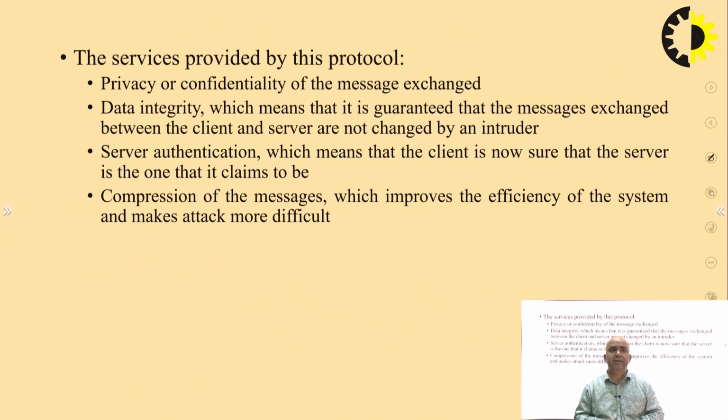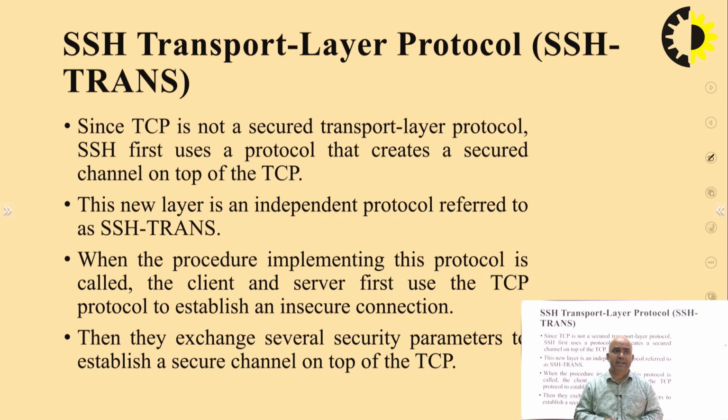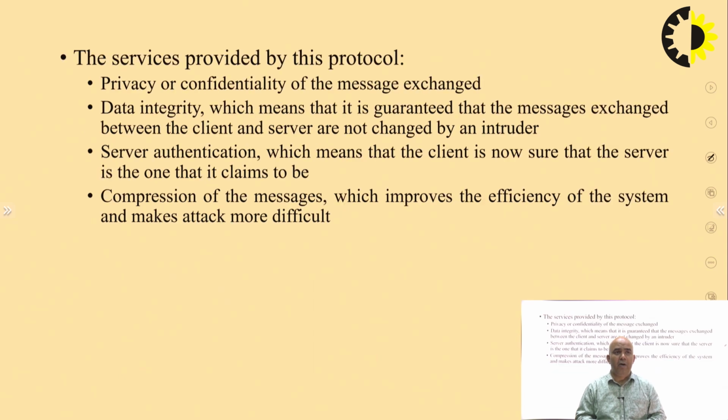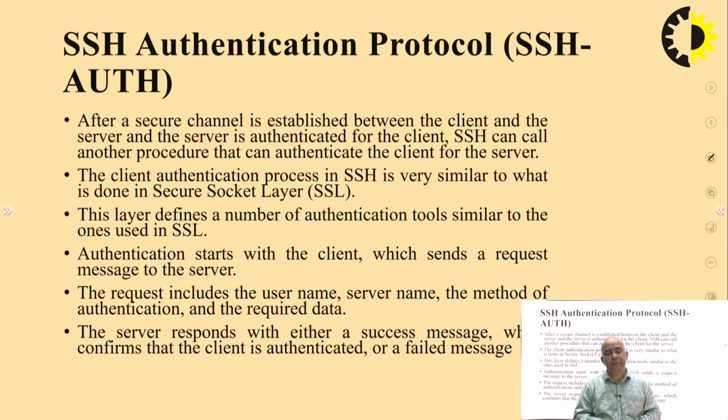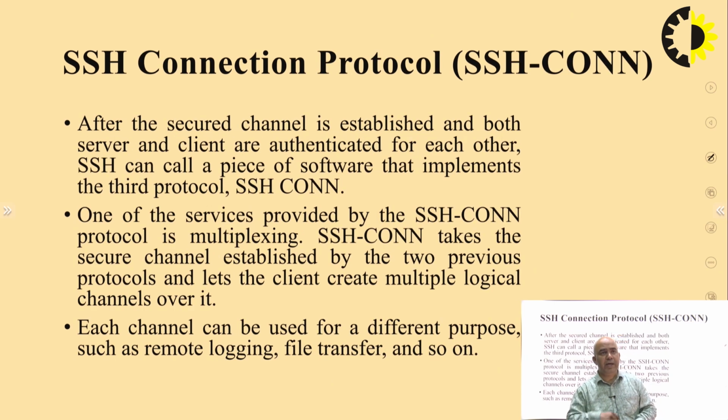The first one is the SSH transport layer protocol, where the connection is created and we perform the authentication. Again, after authentication, now we have to create the connection protocol, which allows multiple requests to be simultaneously entertained by the server side.